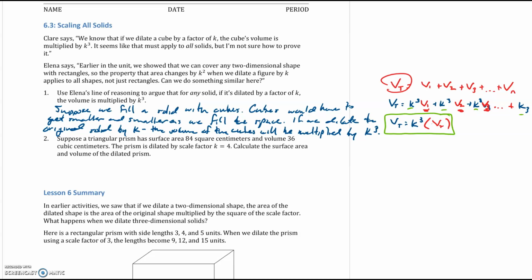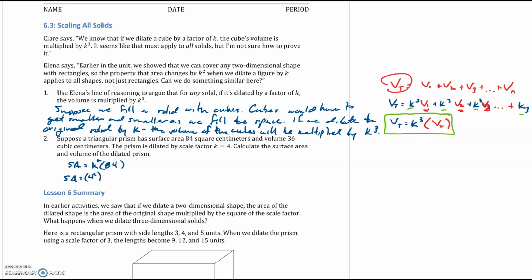Well, to do the surface area, I know that I take the original surface area, which is 84, and I multiply that by the scale factor squared. My scale factor here is 4.